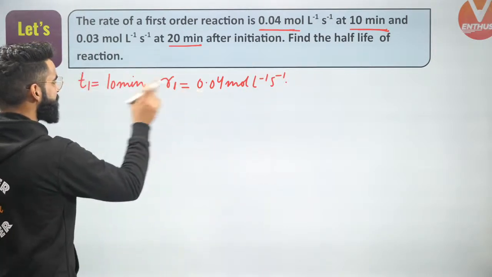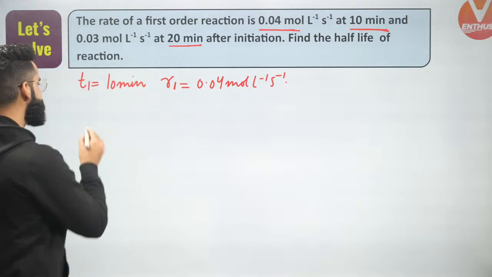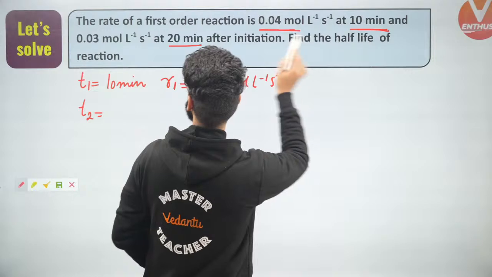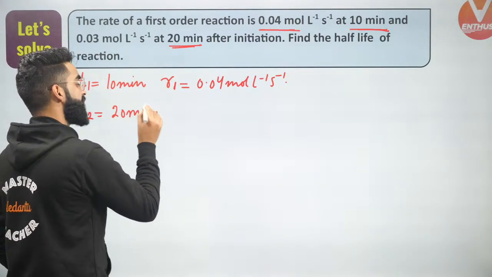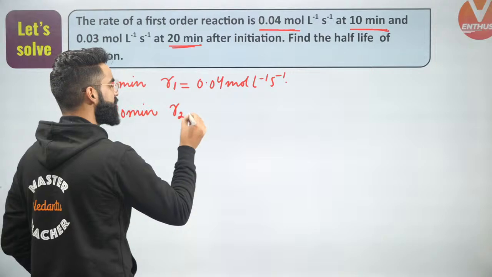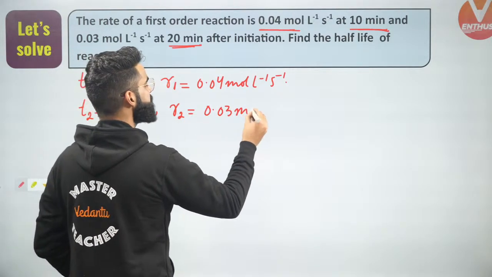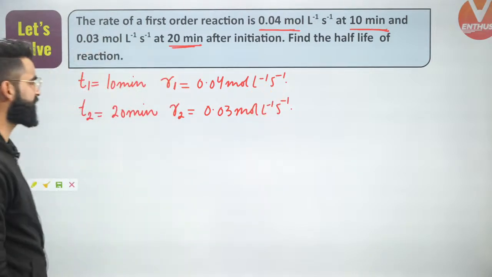This is the rate of reaction after 10 minutes. Similarly, time T2 is given as 20 minutes, and at 20 minutes, the rate of the reaction, which I'm representing by R2, is given as 0.03 moles liter inverse second inverse.